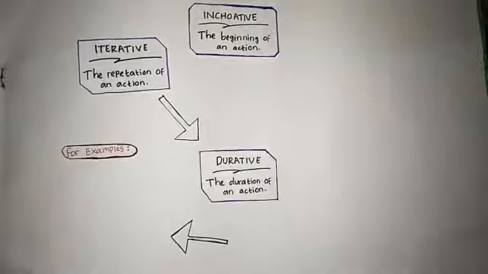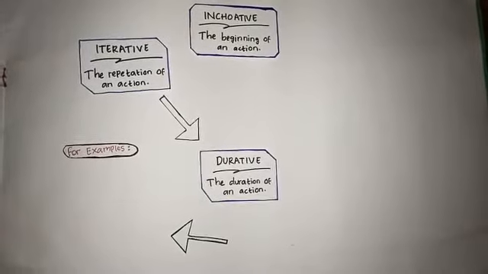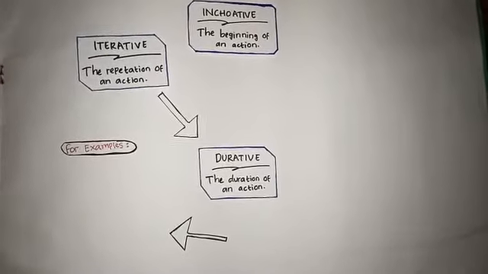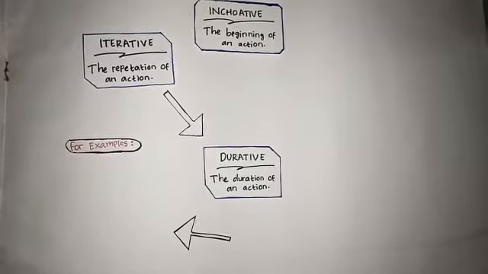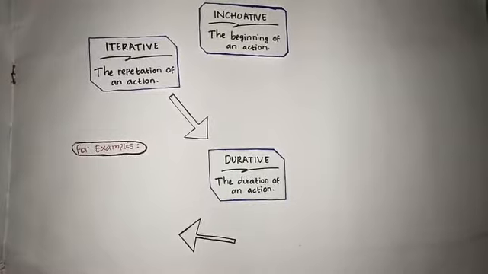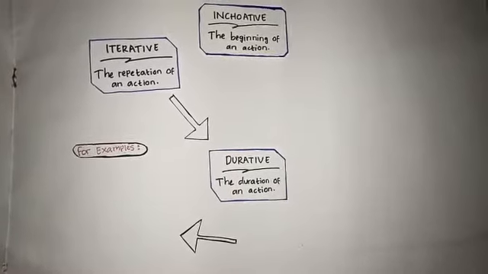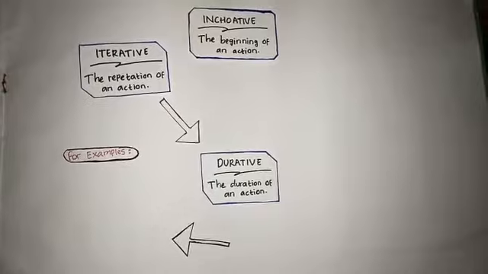And then, durative, the duration of an action. Used for imperfect tense, for example, I have learned English for years. The duration of my learning English is already 4 years.